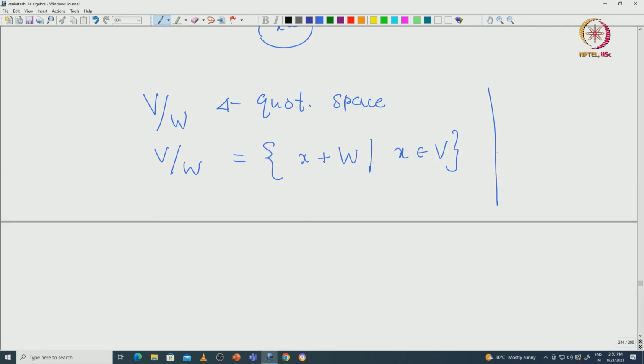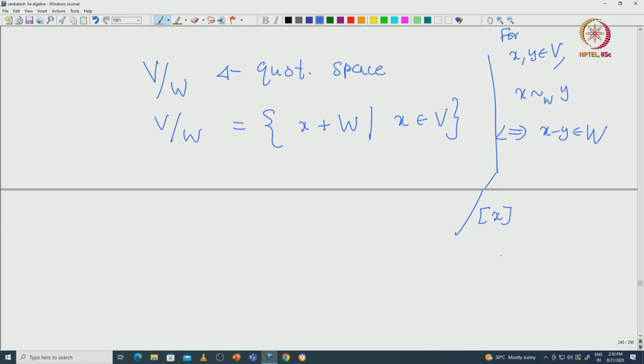You define an equivalence relation on V with respect to W. For x, y in V, we say x and y are related with respect to the subspace W if and only if x minus y is in W. Then the equivalence class of x is equal to just x plus W. This quotient set is denoted V modulo W.